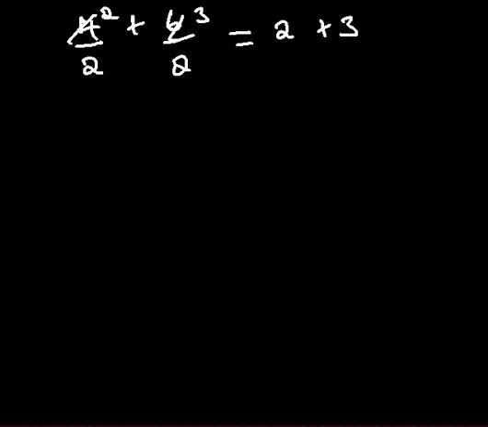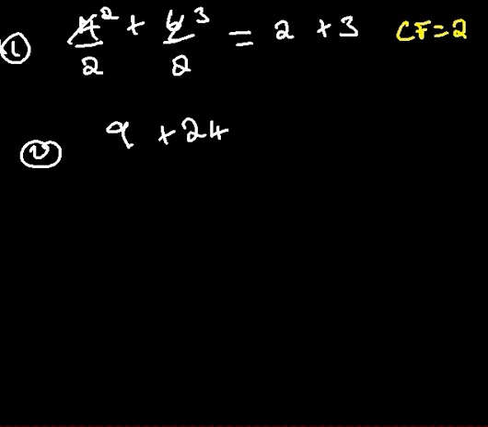And mind you, 2 is said to be the common factor, which is given as 2. And let's say we have a number like 9 plus 24. What is the number that can enter into 24 and 9 without leaving any remainder? It should be 3.